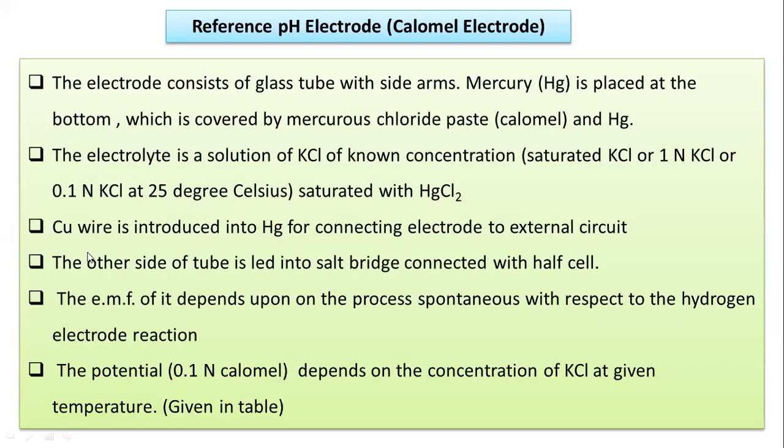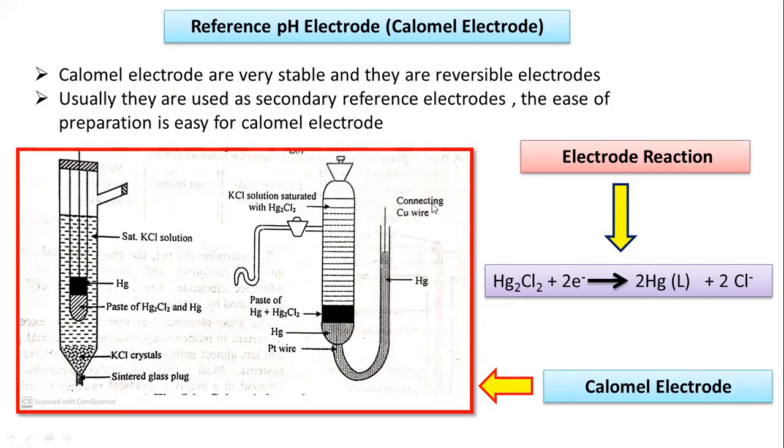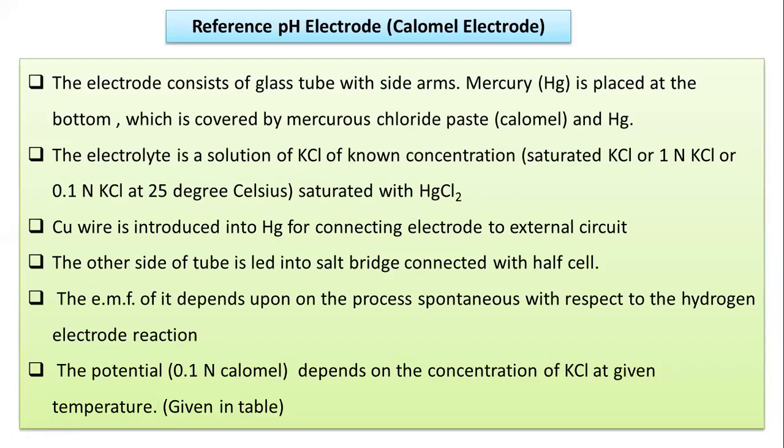Now the copper wire is introduced into the mercury for connecting the electrode to the external circuit. You can see the copper wire is directly inserted in combination with the mercury, and that is completing the external circuit diagram. The other side of the tube is laid into the salt bridge connected with the half cell.